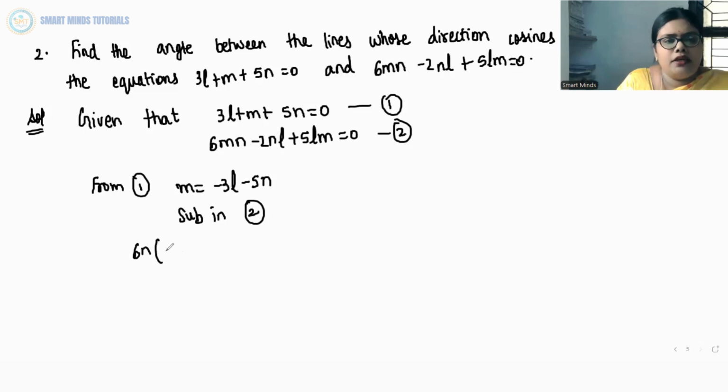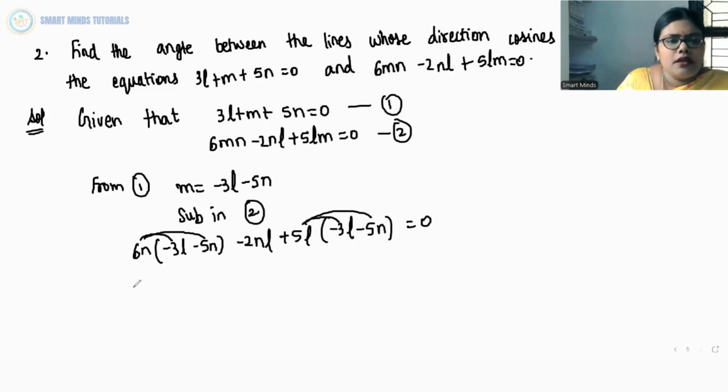So 6N into minus 3L minus 5N minus 2NL plus 5L into minus 3L minus 5N is equal to 0. Multiply this into this, this into this, this into this, this into this. Minus 18NL minus 30N square minus 2NL minus 15L square minus 25NL is equal to 0.